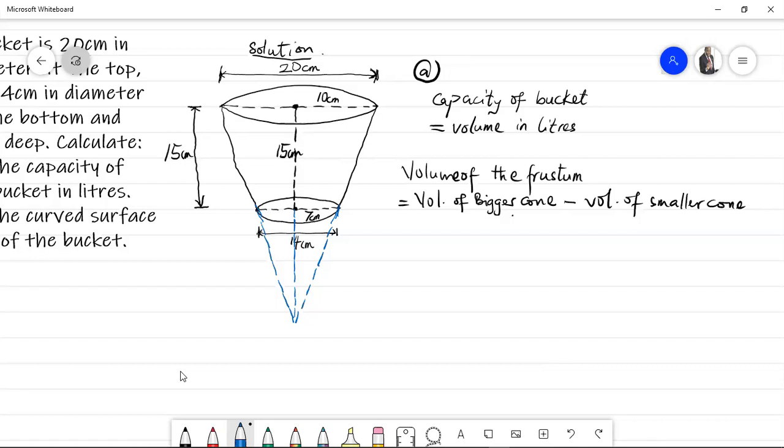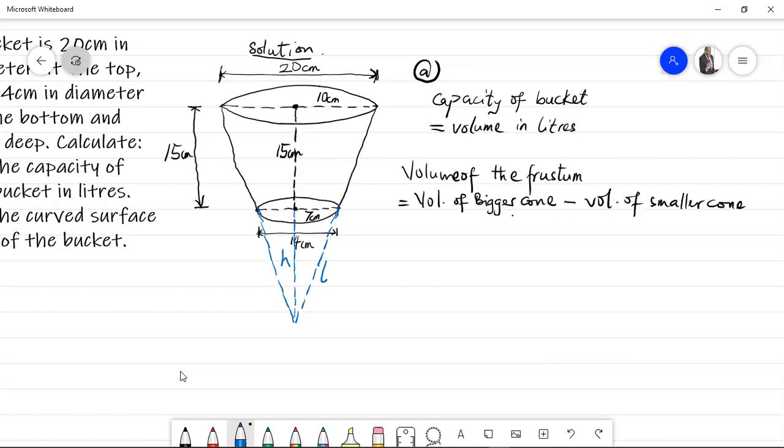So there are two cones here, the big one and the small one. The small one is the one with the blue marker. So combining that with the frustum of the cone gives you the bigger cone. So I'm going to do a little bit of representation of all the sides that we have involved in this shape. For instance, I'm going to use small letter h to represent the height of the small cone here. I'm going to use small letter l to represent the slant height of the small cone here.